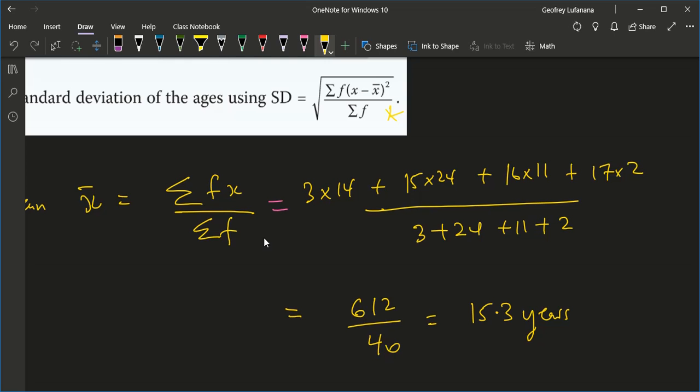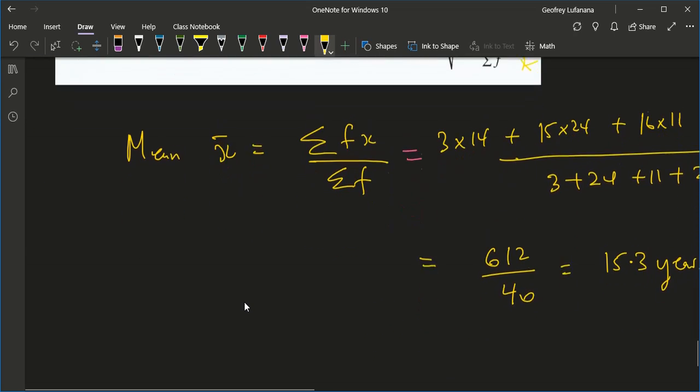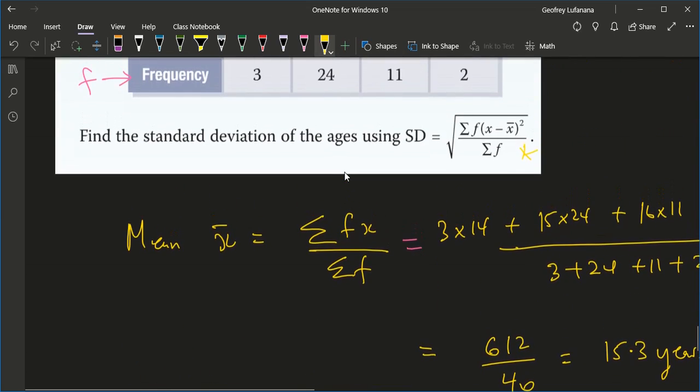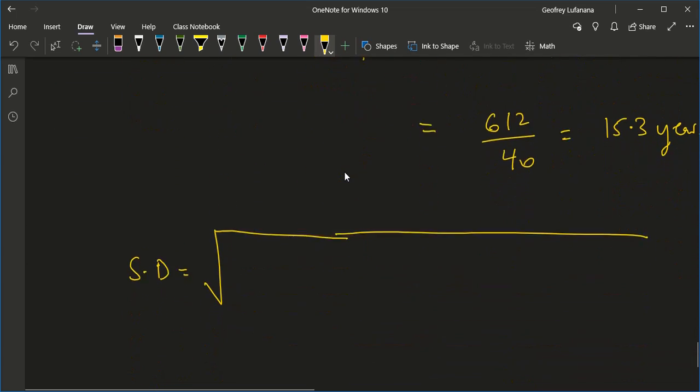Now that's our mean. So our standard deviation, because they did give us the formula, becomes the square root, make it bigger, the square root of summation f times (x minus x bar) squared.